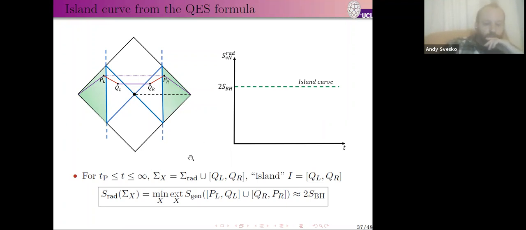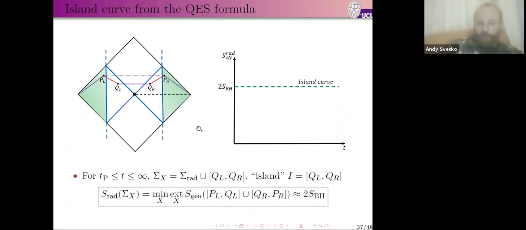And since we're including an island, we're working inside of the gravitational region, so we have to include the dilaton. And when you do this and you now extremize the generalized entropy, you can show that the radiation entropy is approximately given by twice the entropy of the black hole. And so this gives you the so-called island curve, which is always like this.